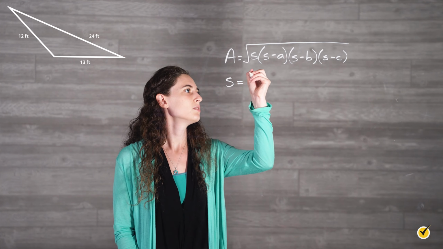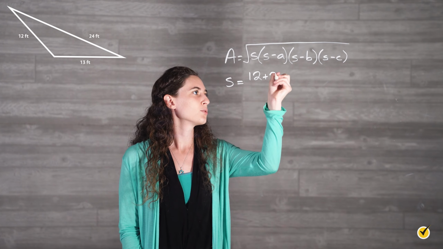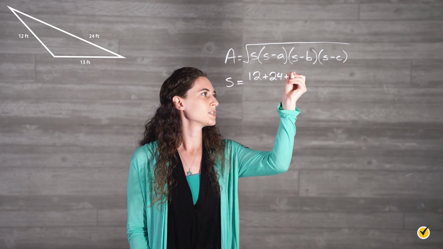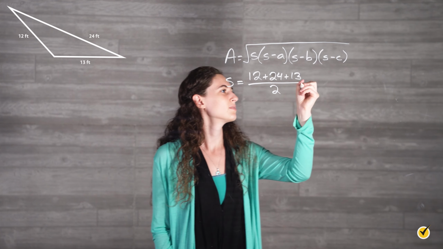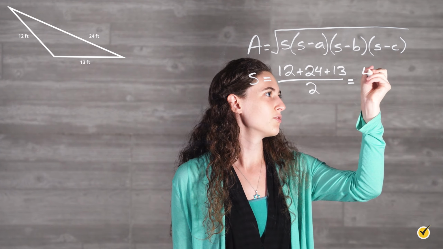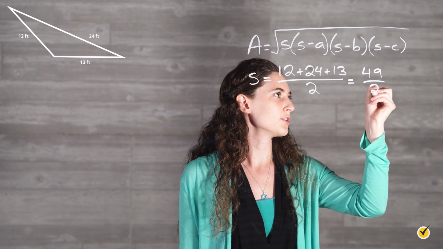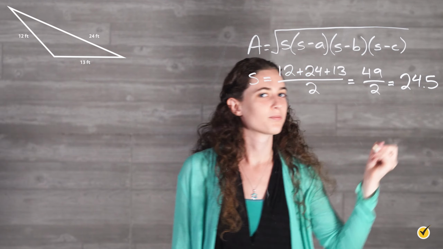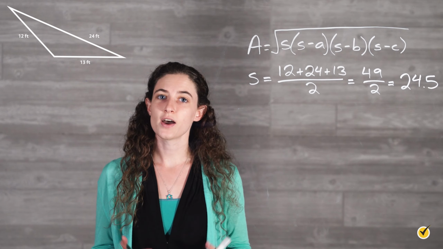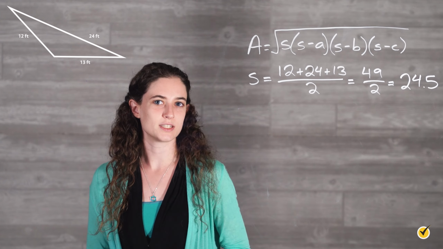S is equal to 12 plus 24 plus 13 over 2. This is equal to 49 over 2 equals 24.5. Finally, we plug all our values into the equation.